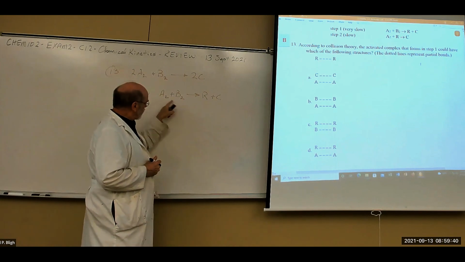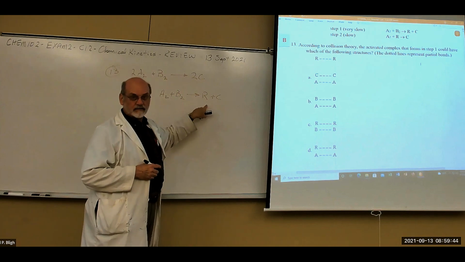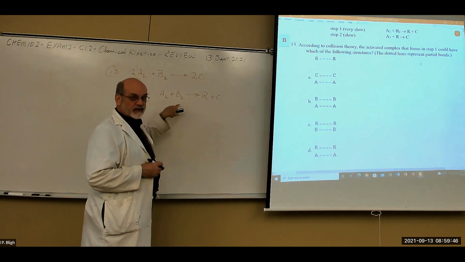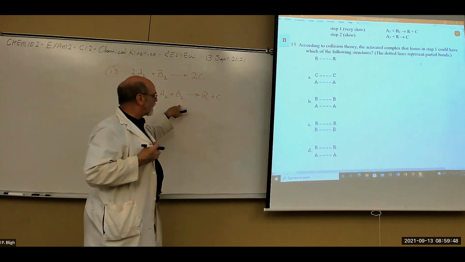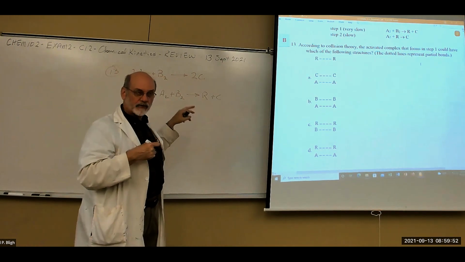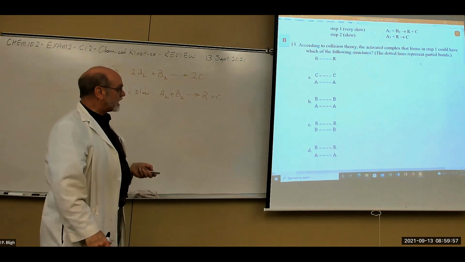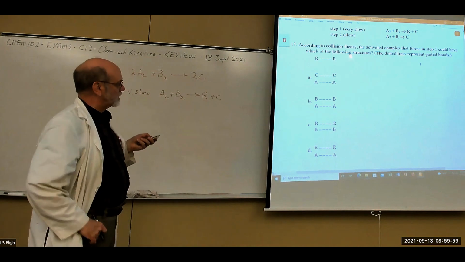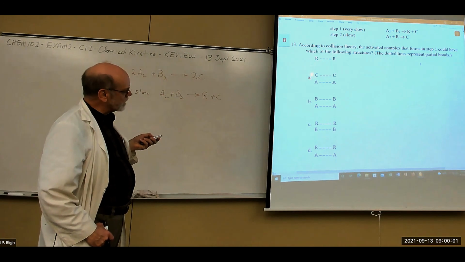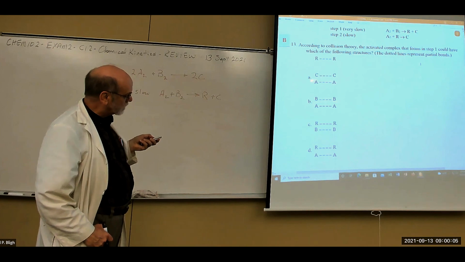So this activated complex is not going to have R or C in it. It's only going to have A and B. You don't get R and C until you go over the hump and produce products. So we can eliminate anything that has R in it, right? And this A refers to this thing right here, and this B refers to this thing right here.